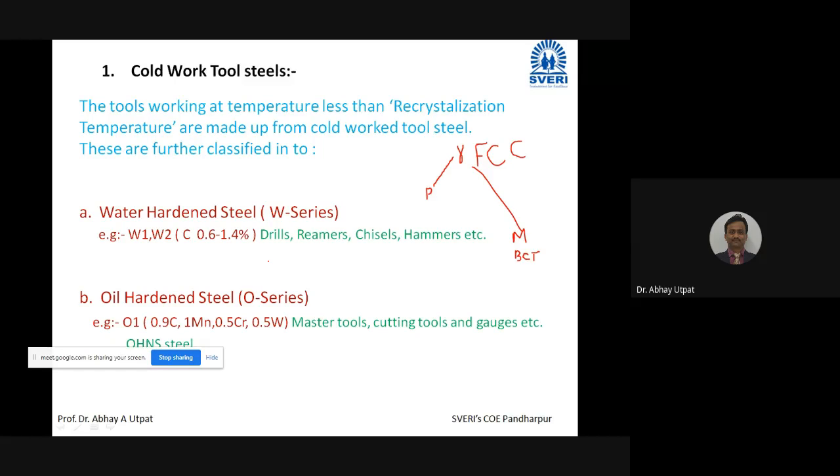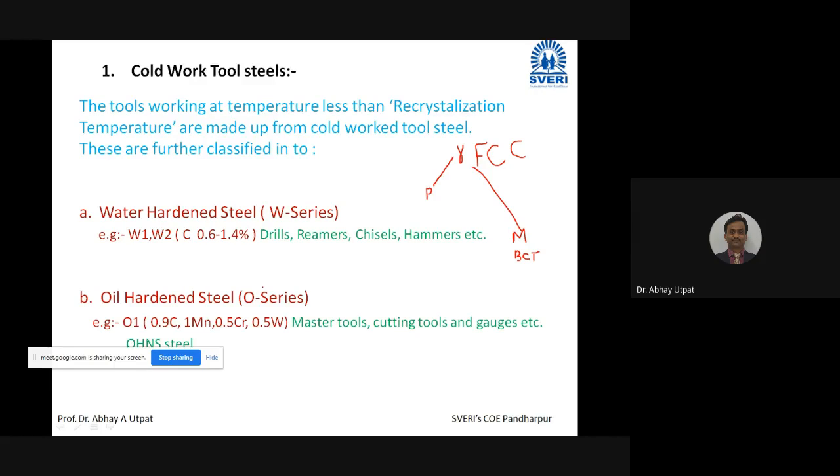No problem. So, if you are carrying out hardening treatment in water, such steels are called water hardened steel. W1, W2, W3, W4, these are the symbols you will find in the book instead of the name. There will be tables called steel handbook, design handbook.